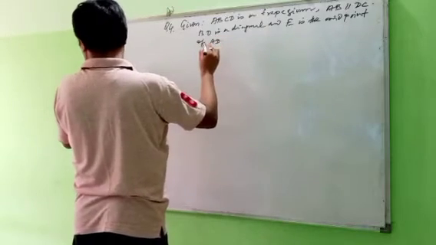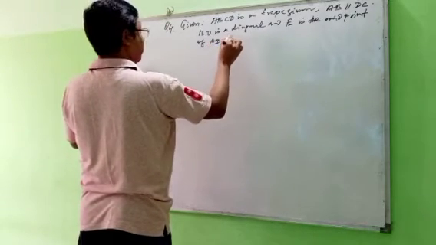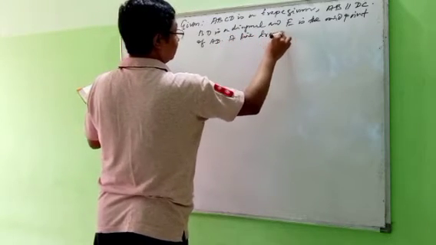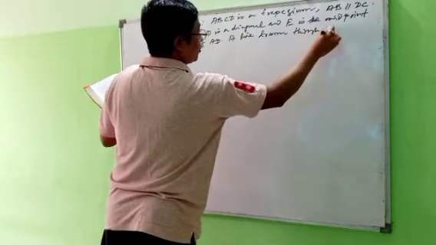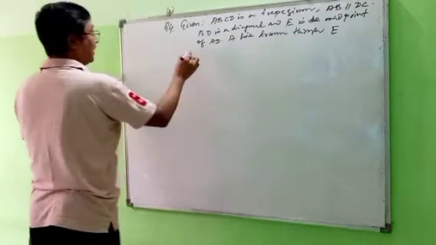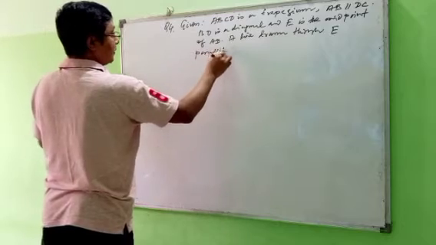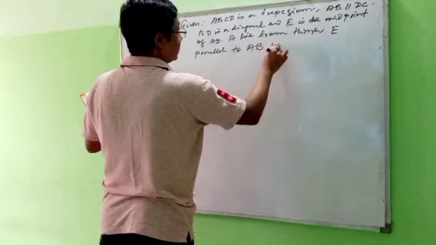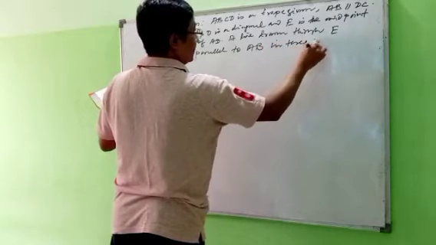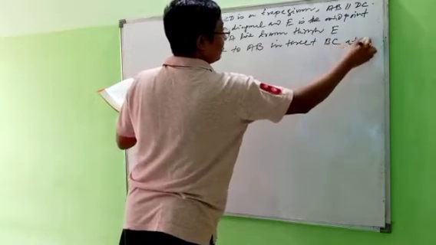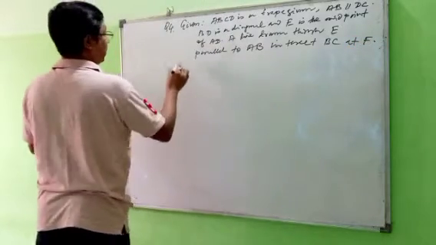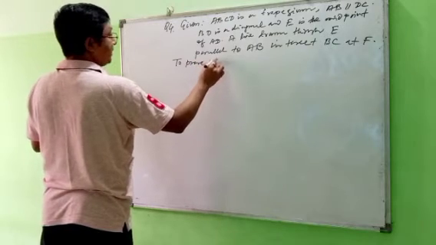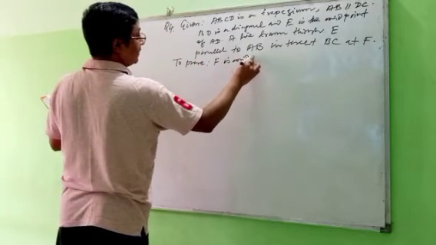A line drawn through E, EF, parallel to AB, intersects BC at F. Now to prove: F is the midpoint of BC.